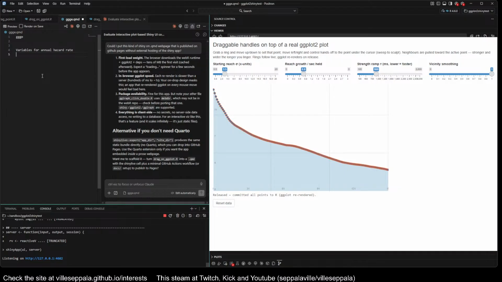I could actually explain it here. Probability of the event, if it hasn't occurred yet. Yeah, something like that.